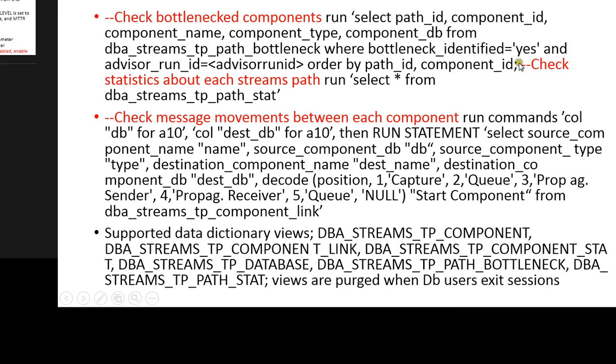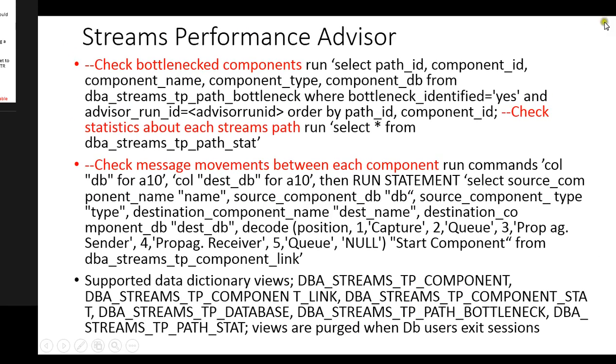Basically, the different tables are the TP component link, TP component stat, TP database, TP path bottleneck, TP path stat.